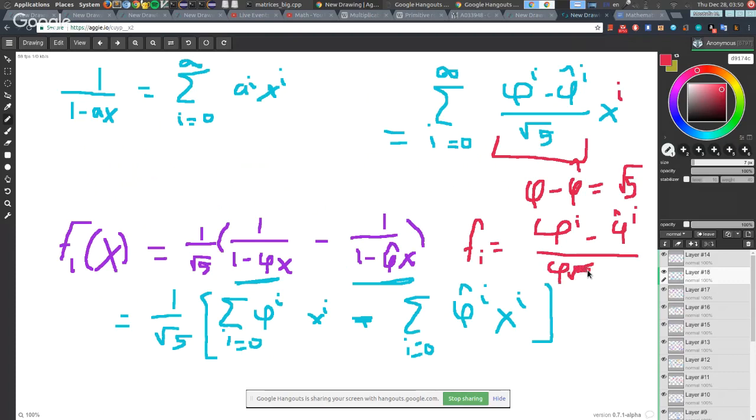So basically this is the formula I have for Fibonacci. While in practice I wouldn't code like this formula because it has floating point numbers.